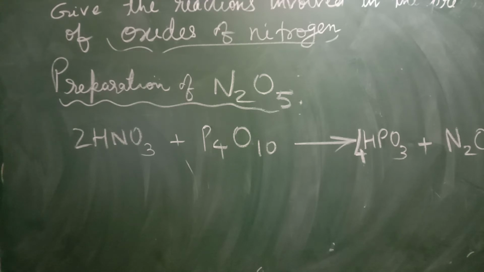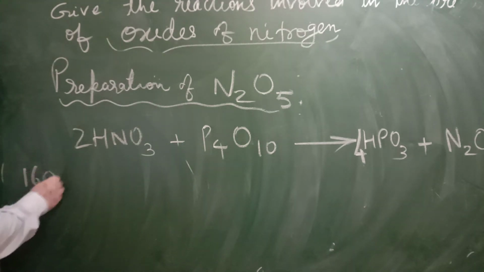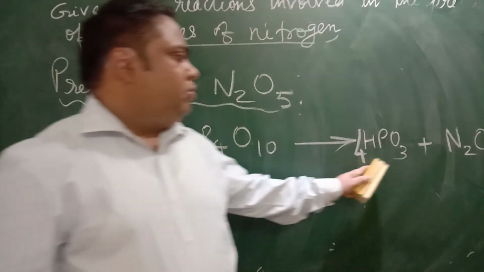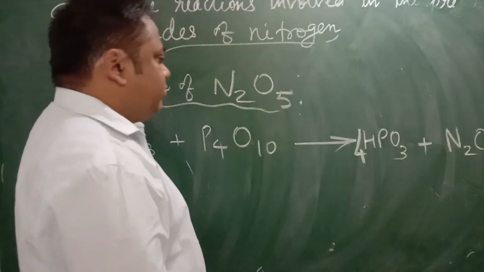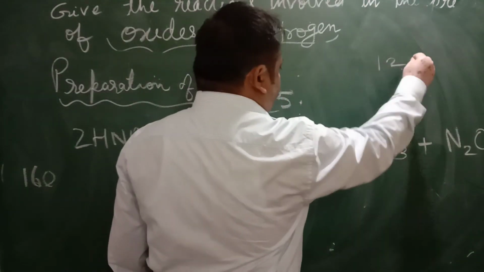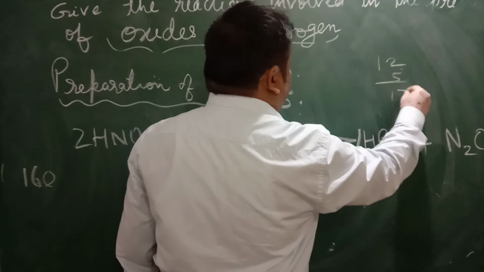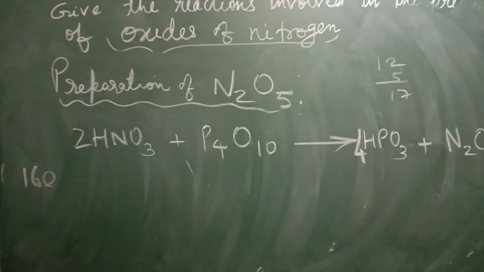Now let us count the number of oxygen atoms again. 6 oxygen atoms and 10 oxygen atoms, so here we have 16 oxygen atoms. This side 12 and 5, 17 oxygen atoms.